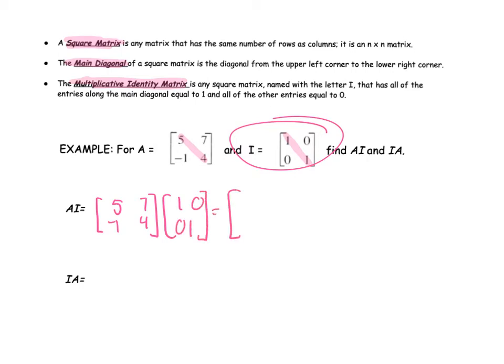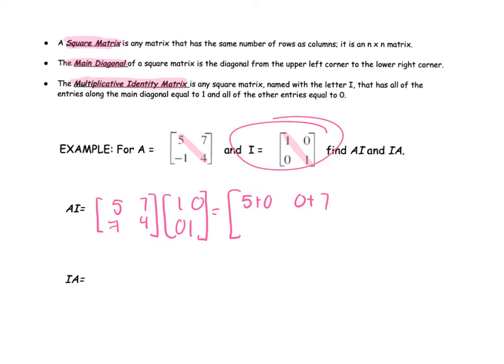First row, first column: 5 times 1 is 5, and 7 times 0 is 0. First row, second column: 5 times 0 is 0, 7 times 1 is 7.